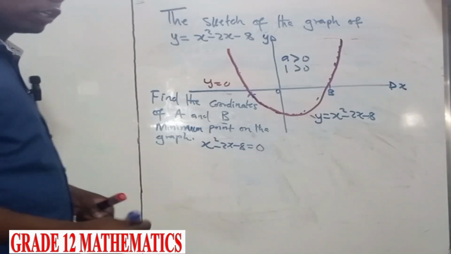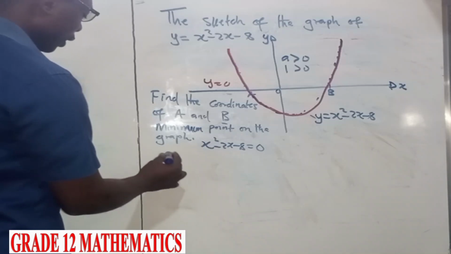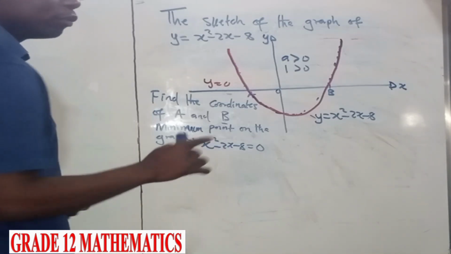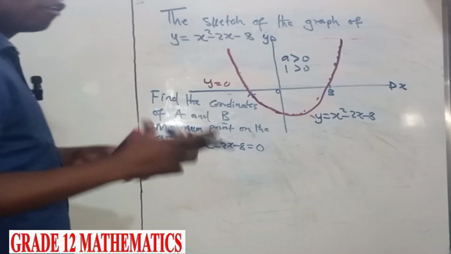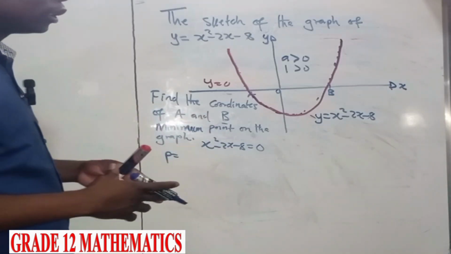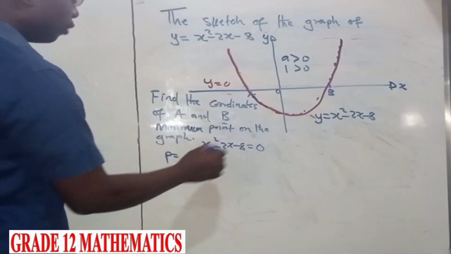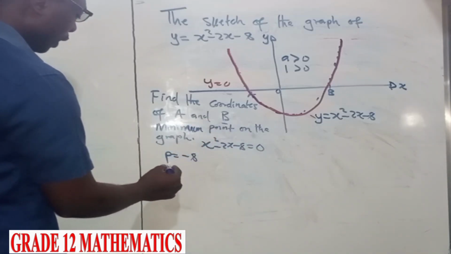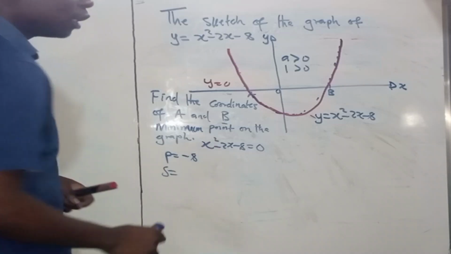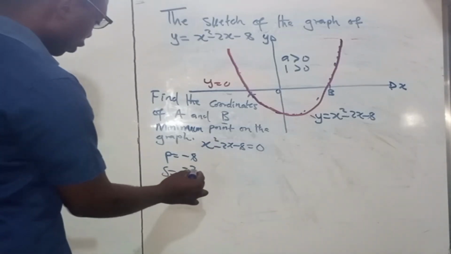Let us factorize this using the factorization method. The product is negative 8 times the coefficient of x squared, which is negative 8, and the sum is the coefficient of x, which is negative 2.